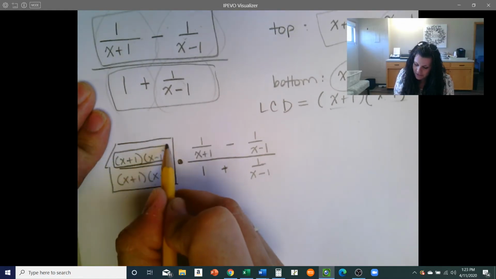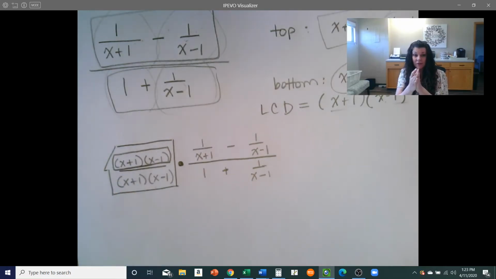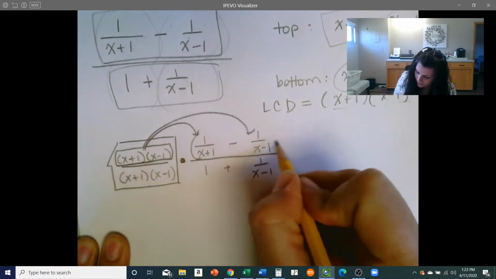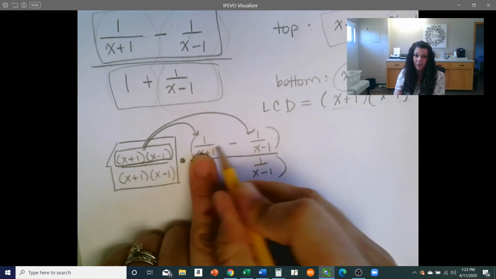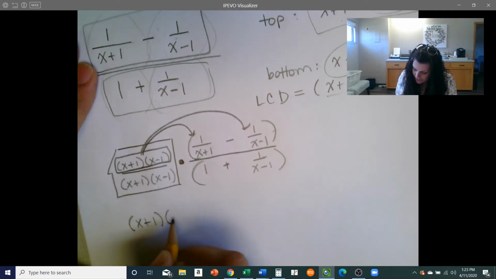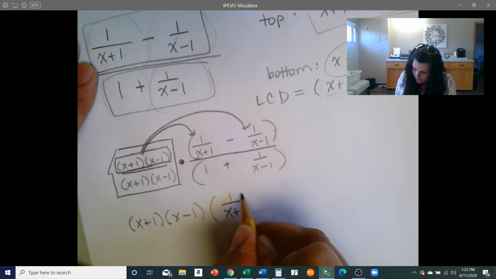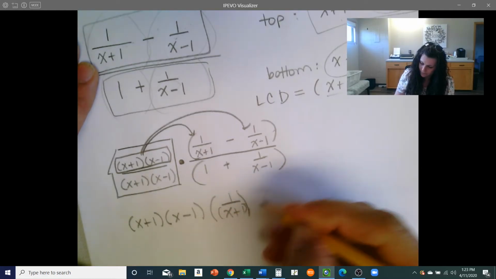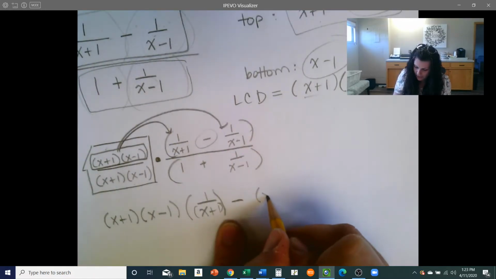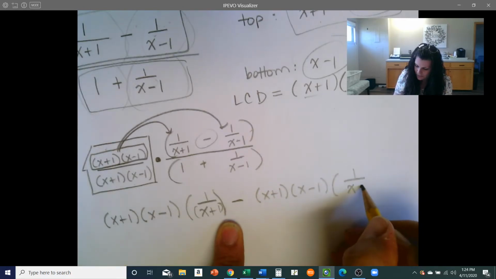X plus 1 times x minus 1 is just a number. Because it's written as a product like that, think of it as one number, and I'm going to distribute that over my top expression. So I have x plus 1 times x minus 1 times 1 over x plus 1 minus, because that's a subtraction, and I'm going to do that over here, x plus 1 times x minus 1 times 1 over x minus 1.